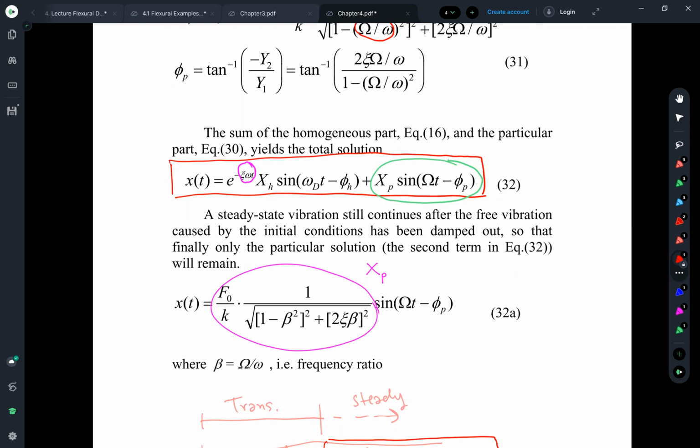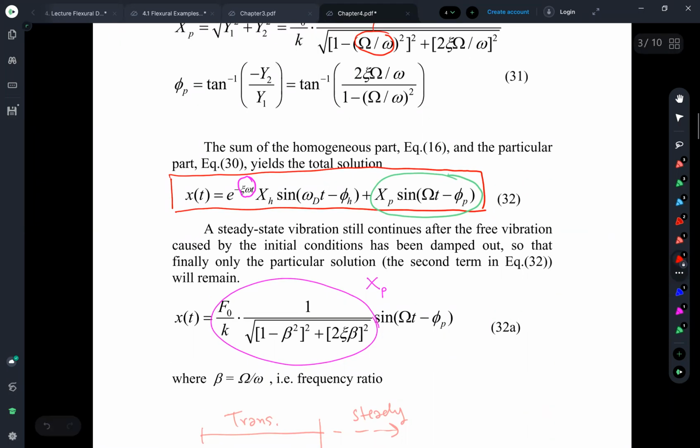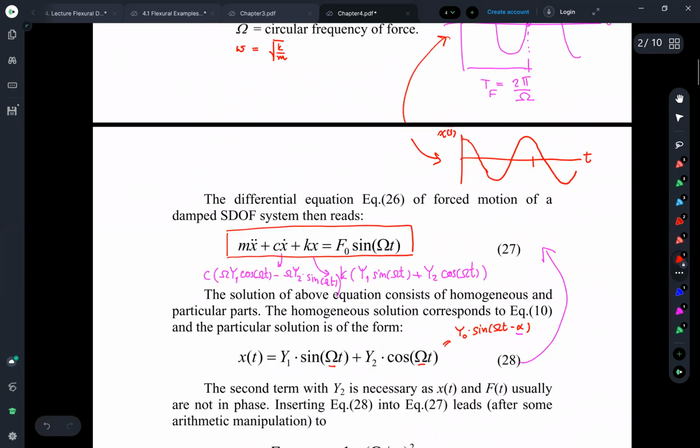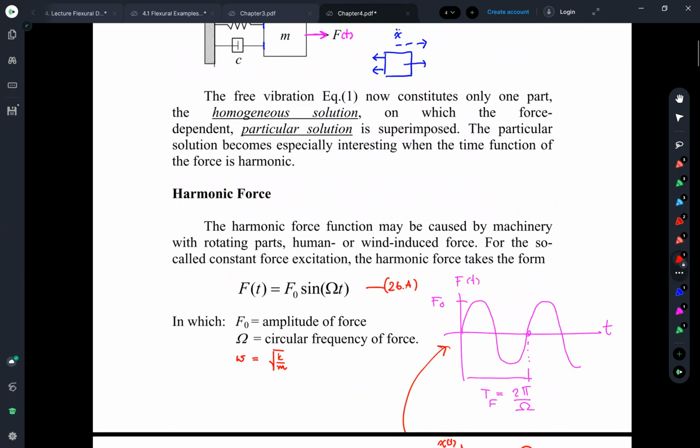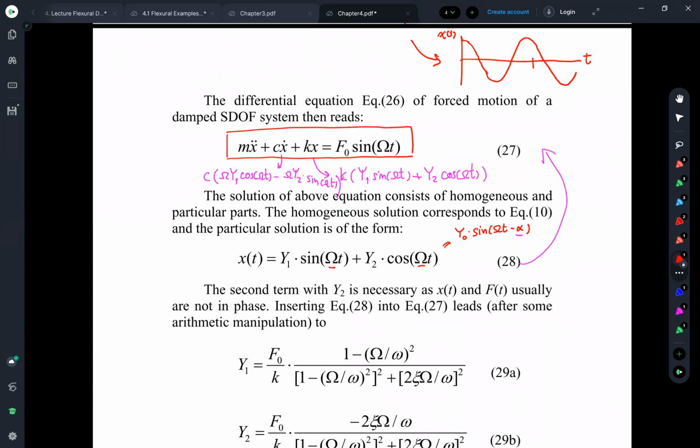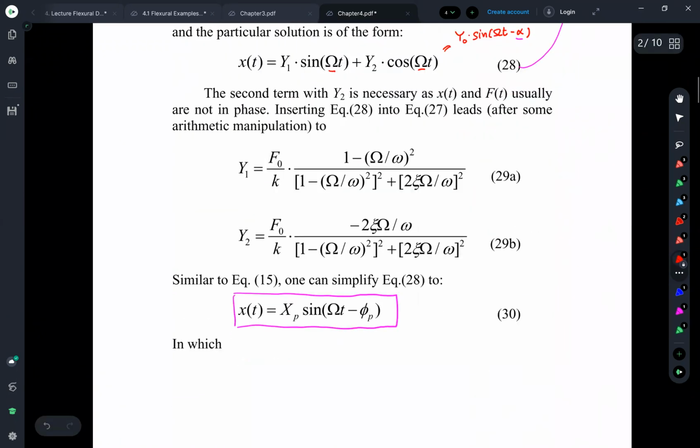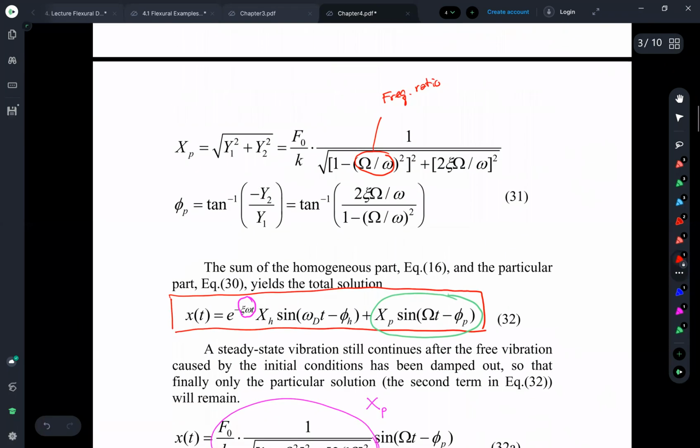Who can guarantee that the second term, the green color, will be zero at time t equal to zero? No. What we guarantee is only that the second term, if you introduce it into 27, makes the left and the right of this equation equal. But we never said that when time t equals zero, the green term will be zero too.